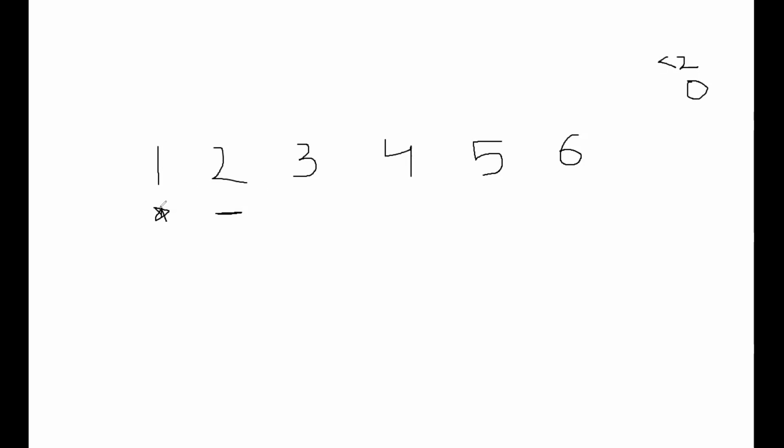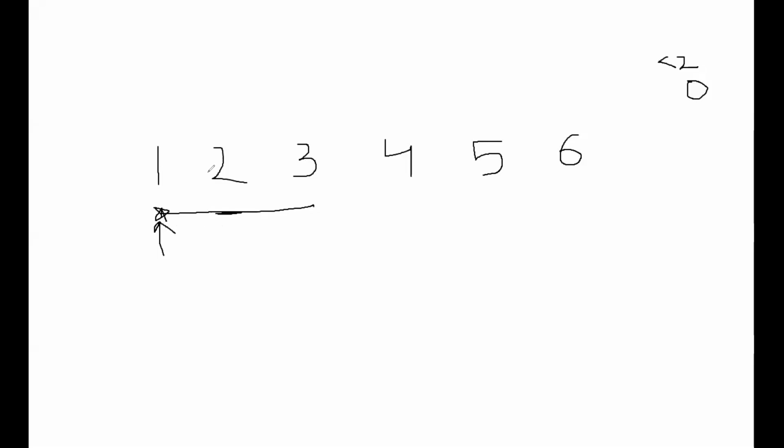And then the goal is to figure out, if I start with index 0, this first one, take 3 elements at a time, and then see if they satisfy the condition. Does this satisfy the condition? Yes.